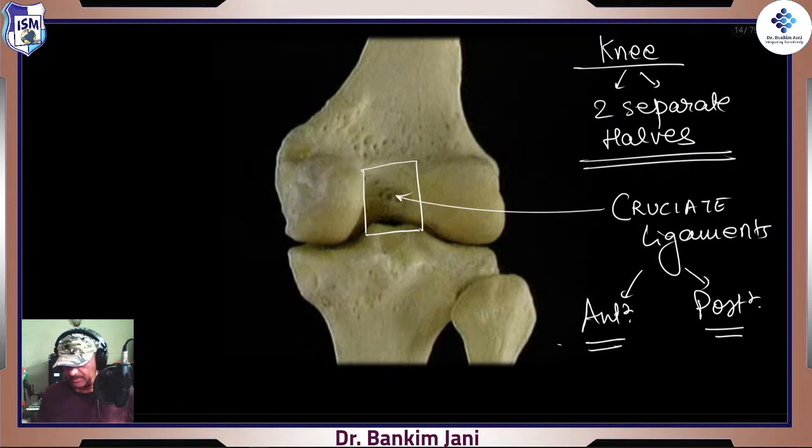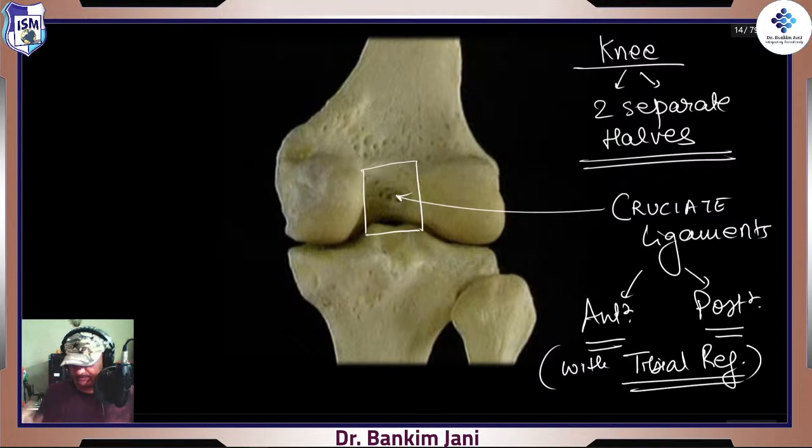So we'll write it over here with tibial reference, tibial attachment. We'll see it in more detail, but just to give the idea: when we say anterior cruciate ligament, it is attached anteriorly on the tibia. On the femur it would be different. Let's see it in more detail.